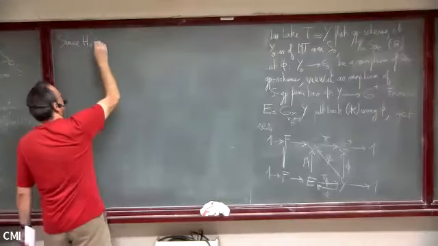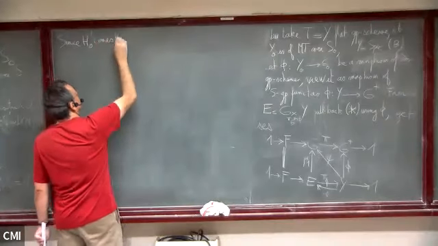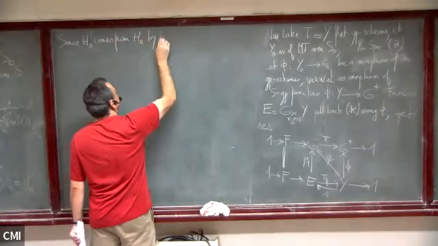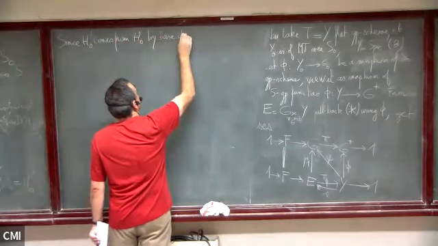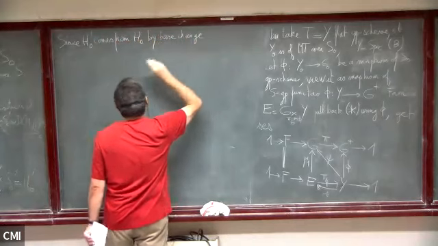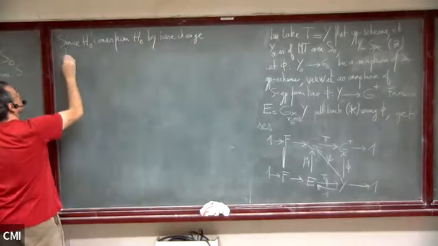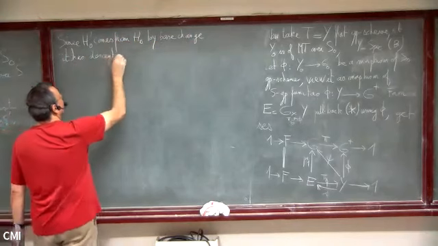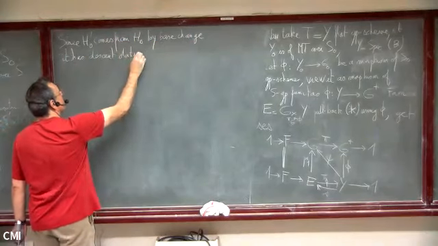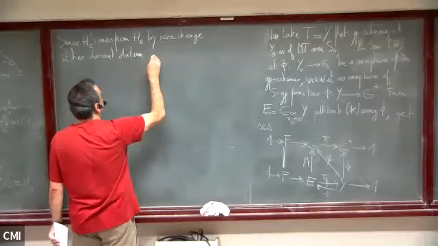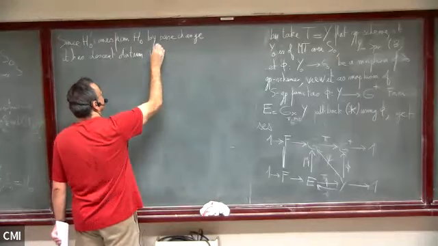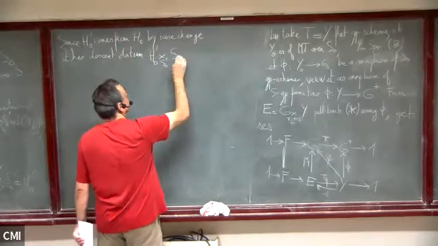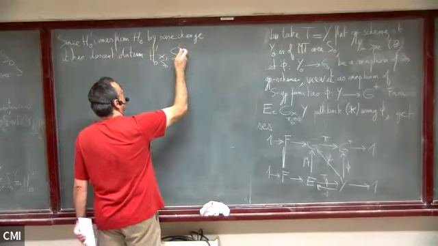Okay, but since H prime 0 comes from H0 by base change, it has this datum, which is an isomorphism.